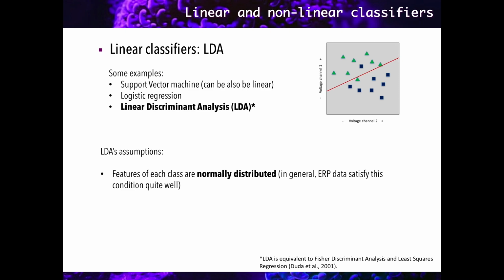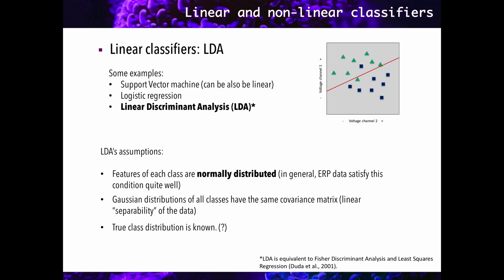The second one is that the Gaussian distributions of all classes have the same covariance matrix. This is not always the case, but it seems that LDA is still quite robust when this assumption is not achieved. And third, suppose that we know the true class distribution, and of course this is a theoretical assumption that we cannot achieve in the lab.